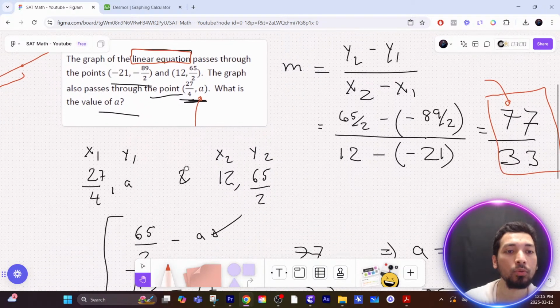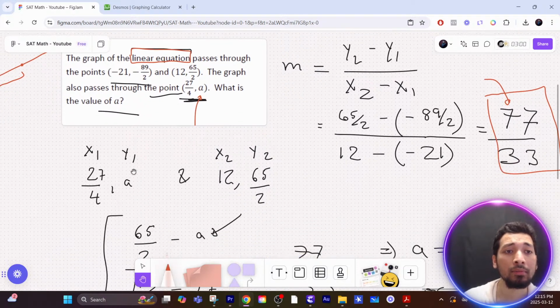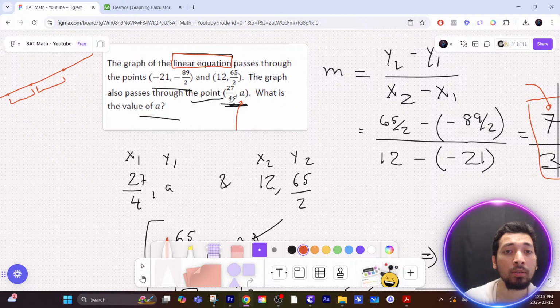Now, we know that it's going to be the same slope for this point with either of these 2 points. So I'll just take this point and this point. So we have 27 over 4 comma a, which is this point, and this is 12 comma 65 over 2.